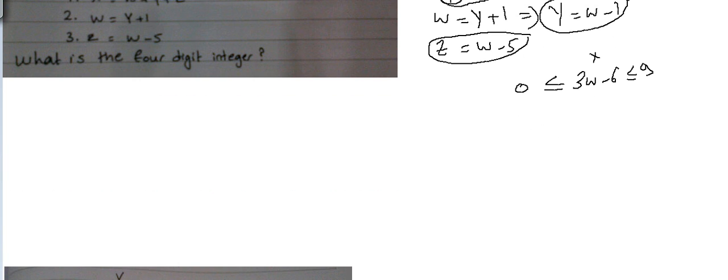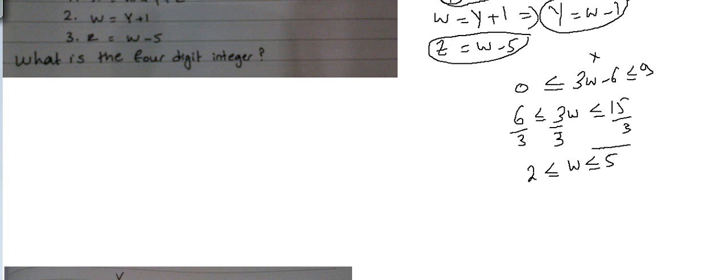If we add 6 to all sides, it will be 6 less than or equal to 3w, less than or equal to 15. Divide by 3 all sides of the inequality, we get 2 less than or equal to w, less than or equal to 5. So the maximum value w can take is 5, otherwise x will not be a digit, and the minimum value is 2.